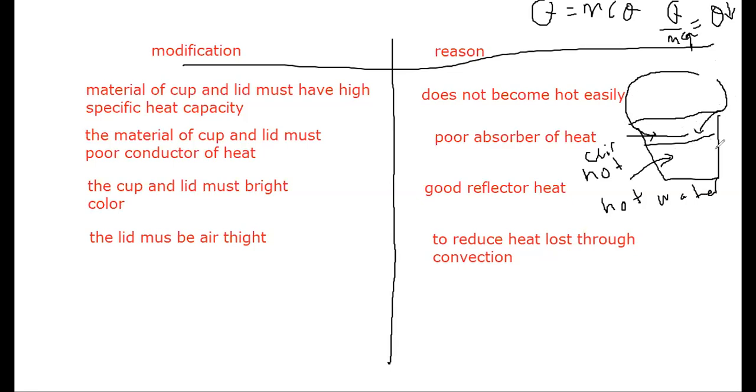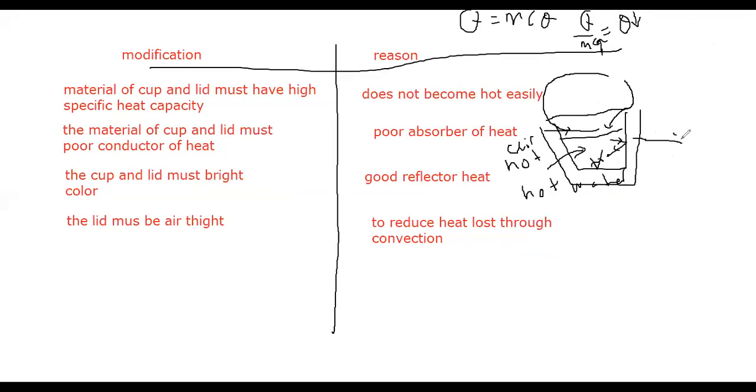And it must be bright in color so that the heat can be reflected back into the cup. Inside and outside must be bright in color. Then usually the cup has two layers, and between the two layers we have a vacuum, because a vacuum can prevent heat loss through conduction and convection.